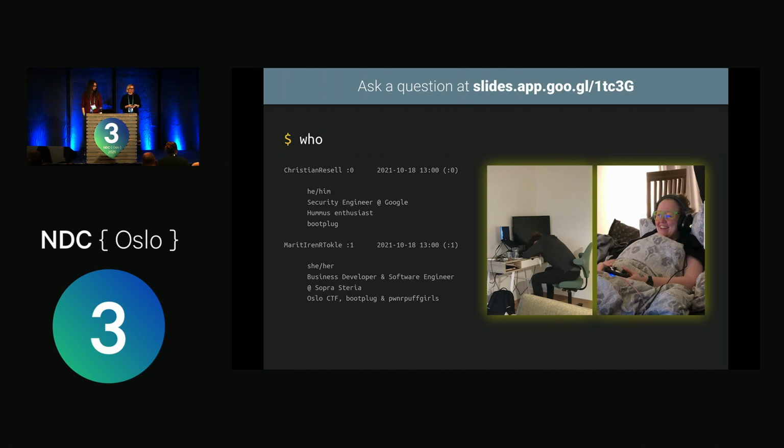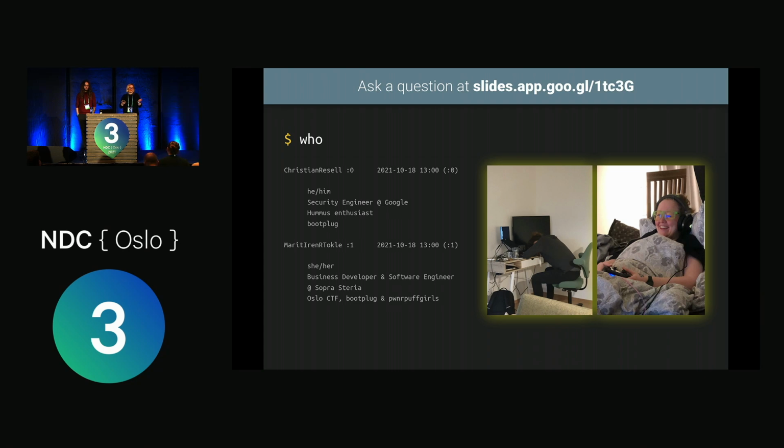All right. So my name is Marit, and I work at a consultancy company called Sopra Steria. And there I have two roles. I work a little bit as a business developer, which is more or less a subject matter expert, and my domain is secure development. In addition, I just cannot stop doing software development, so I work as a software engineer as well.